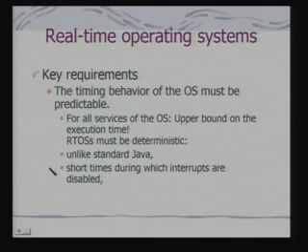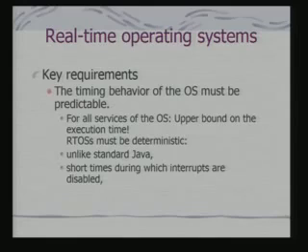The basic key requirement is that the timing behavior of the OS must be predictable. We have talked about the scheduling strategy, but you also have to consider the services that the OS provides. Each service has an overhead. In fact, scheduling services also have an overhead, and we have considered the whole scheduling scheme without considering that overhead.